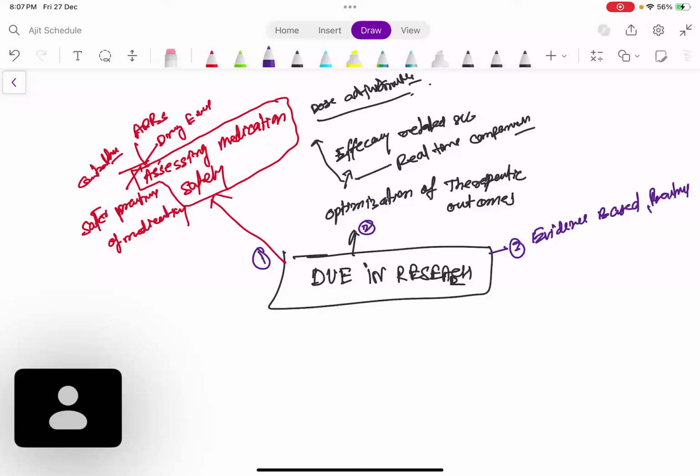And what is evidence based practice? What type of studies can we construct about evidence based practices? We can definitely work on drug appropriateness, based on the clinical guidelines. So we can check the prescription pattern, and we can compare with the clinical guidelines. That will help you in conducting the studies.